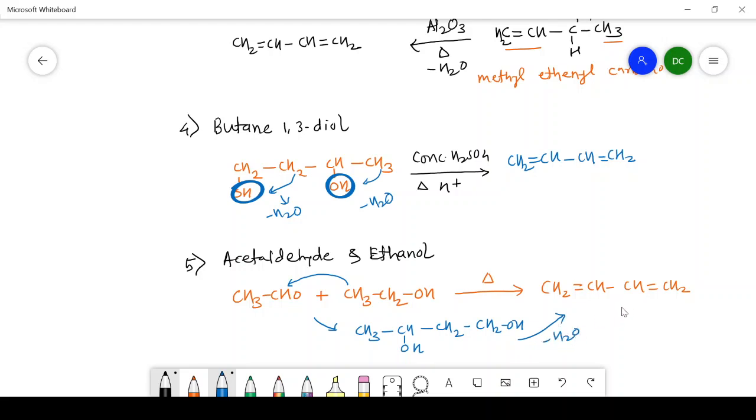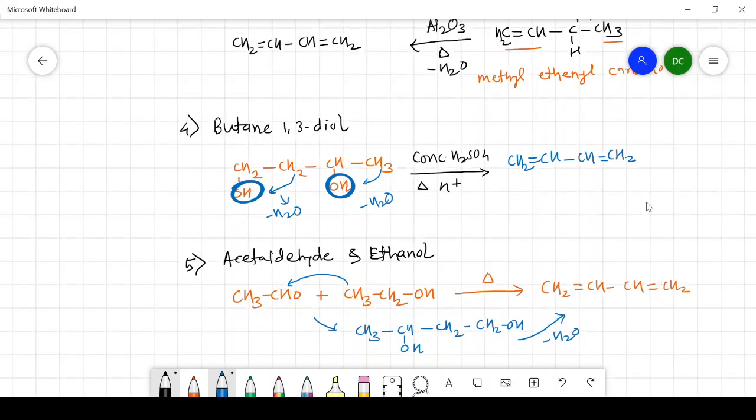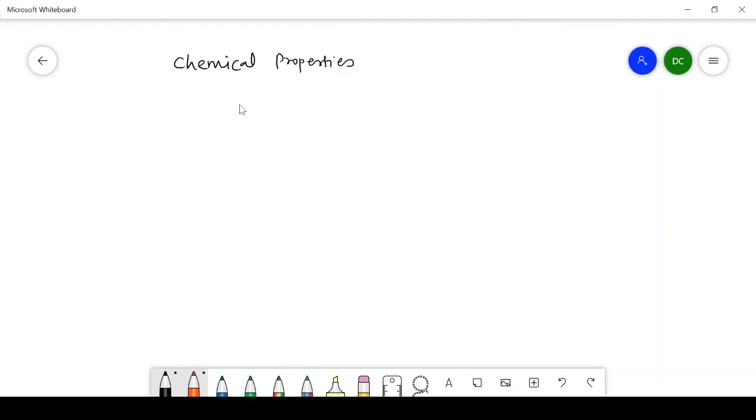Let's begin with chemical properties or chemical reactions of 1,3-butadiene. For chemical properties, we must know the structure of 1,3-butadiene and its resonance forms. That's why I am writing here the structure of 1,3-butadiene and its resonating structures.